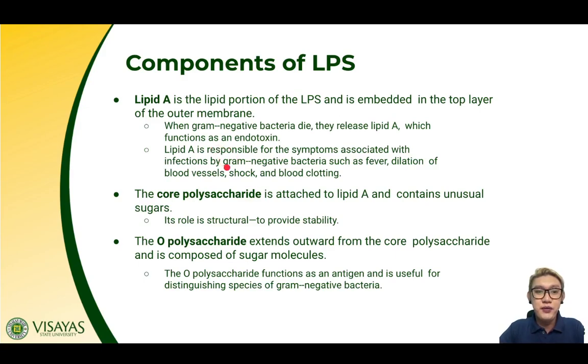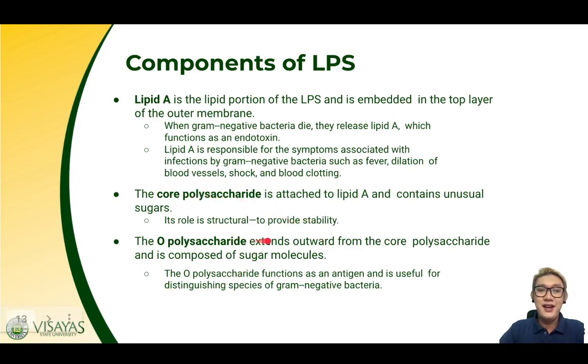Lipid A is responsible for the symptoms associated with infections by gram-negative bacteria such as fever, dilation of blood vessels, shock, and blood clotting. The core polysaccharide, on the other hand, is attached to lipid A and contains unusual sugars. Its role is structural, so it provides stability for the outer membrane.